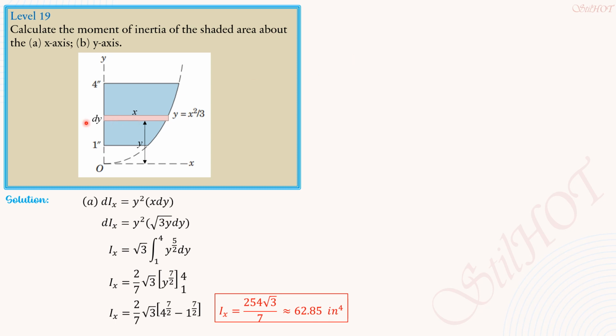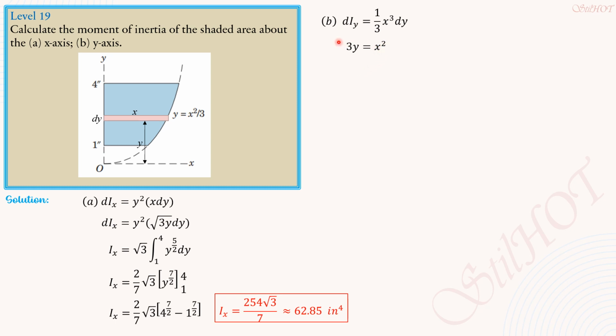So differential Iy is 1/3 x cubed dy by the formula for moment of inertia of a rectangle with respect to the base. So this is the base, the y-axis, and x cubed is from this equation 3y equals x squared, so that this becomes x cubed.